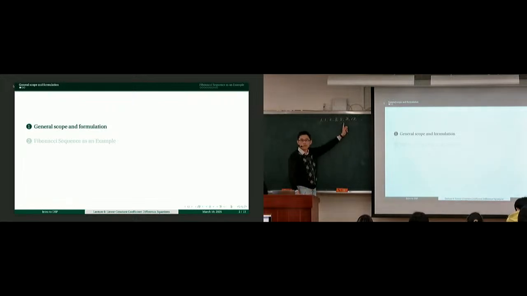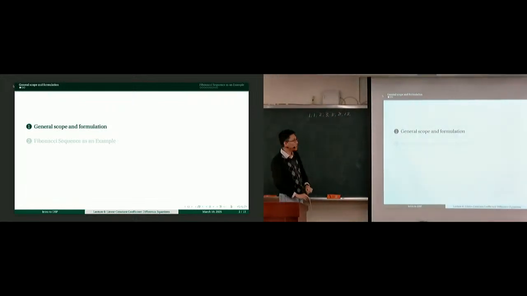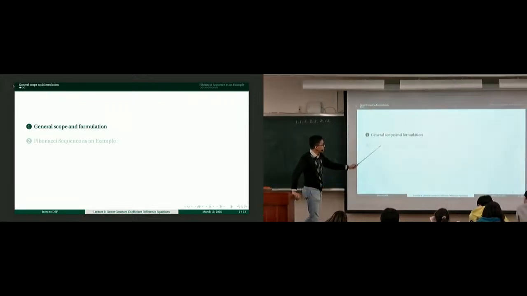Every new term is a summation of the previous two terms. That's the Fibonacci sequence. Turns out that we can write down a difference equation which produces the Fibonacci sequence. So I think that will be a very nice example for a lot of discussion. Okay, so those are the two sections for this handout.